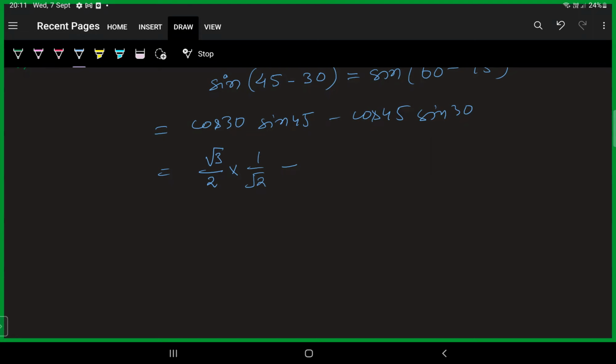Okay. So this is 1 upon root 2 multiplied by sine 30, which is how much? 1 by 2.